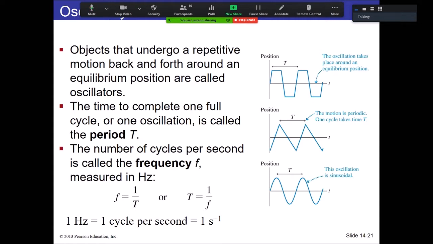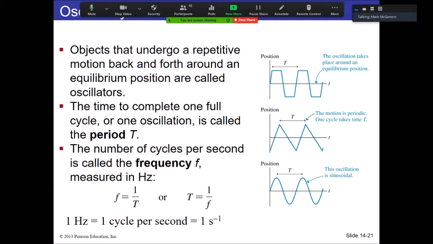Now, one really important aspect of oscillatory motion is being able to characterize the period of the system. The way you want to interpret the period is that it's an amount of time per cycle. So say you have a giant disk that rotates. If it takes 4 seconds for a full rotation, we would say that it has 4 seconds per cycle.